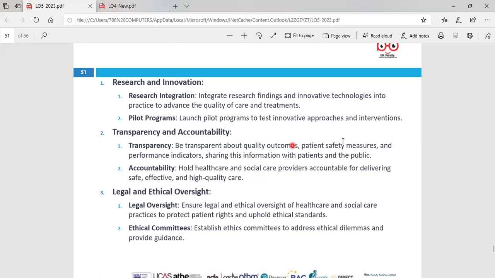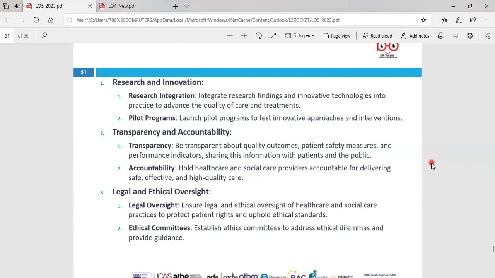Transparency and accountability is very important. The people should know that the systems within your organization are transparent, and there's accountability at every level. Every healthcare and social care provider is accountable for delivering safe, effective, and high quality care to the best of their abilities.